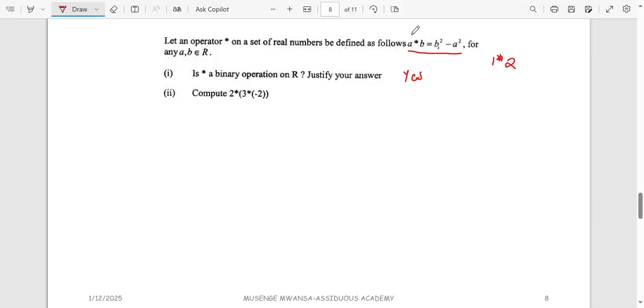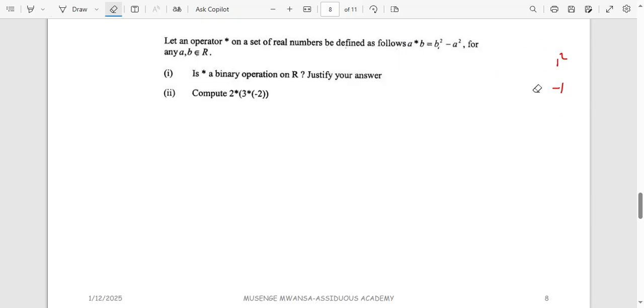Where there is A, we are now putting 1, and where there is B, we are now putting 2. So this is going to be 2 squared minus 1 squared, and this will be 4 minus 1, which is 3. And 3 is a real number. So that is how you can justify your answer. Have you gotten how to justify your answer?